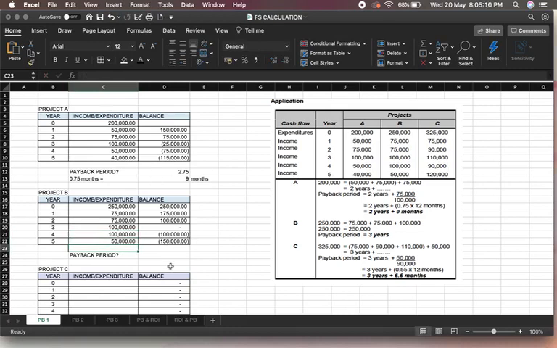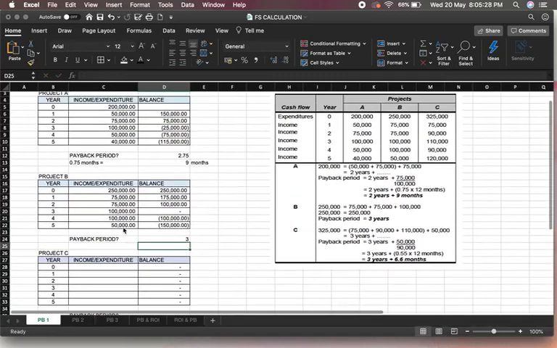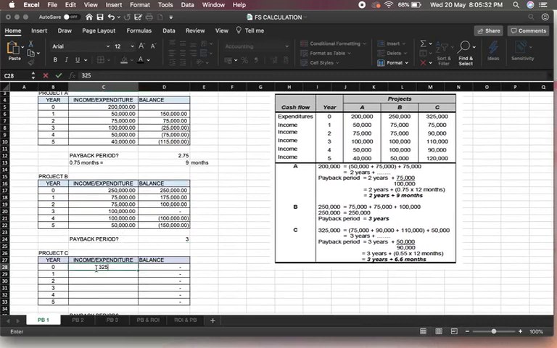Right, so how do we get the payback period again? 2 plus 1 divided by 1, so you will get 3 years. Right, so C is the same. You get 325, the same expenses.